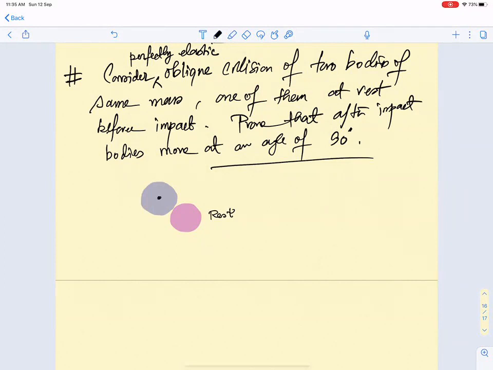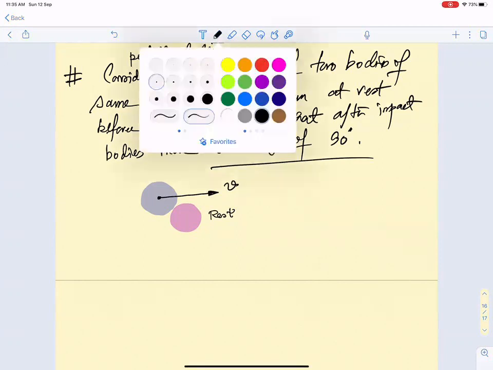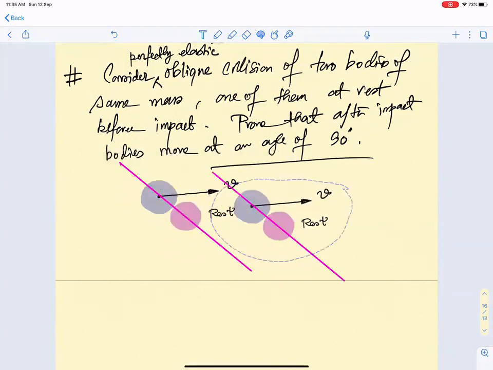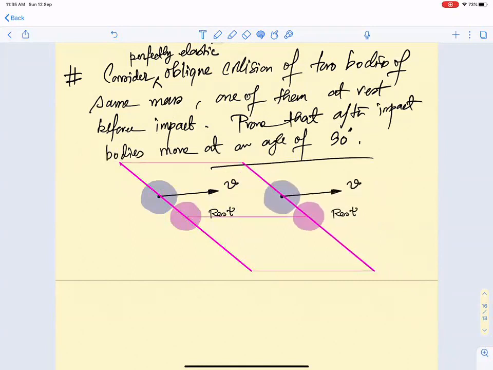So this was moving, say, with a velocity v. Now, to prove that after impact, they will move at right angles. Here is the line of impact. Now, let us draw the after collision. What happens after collision, for this one more diagram.